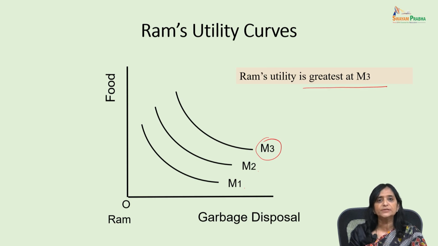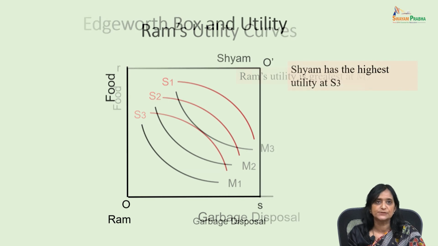So the indifference curve is basically a locus of the various baskets of goods available to the consumer which give the same level of satisfaction. This becomes Ram's utility curves or indifference curves.